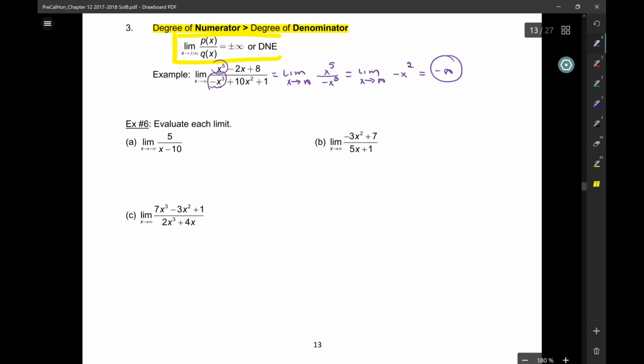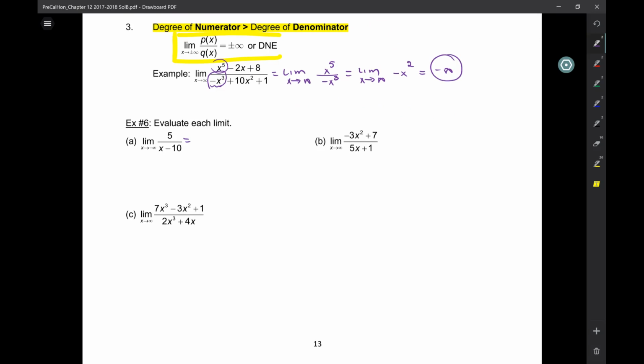Okay, so let's evaluate these then. The first case, it'll be what? More x's on the bottom, so 0. The second case, this is the limit as x approaches infinity of negative 3 over 5x. So it'll be how much as x approaches infinity?